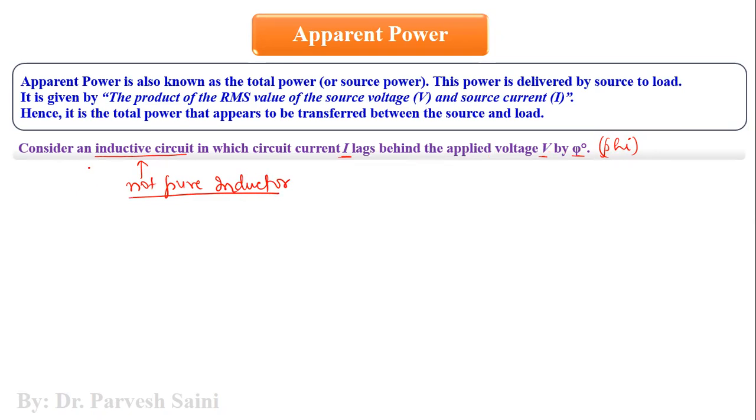Most of our AC circuits, or almost all of our AC components or electrical appliances, are inductive in nature.